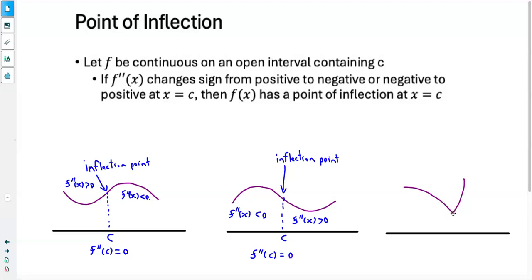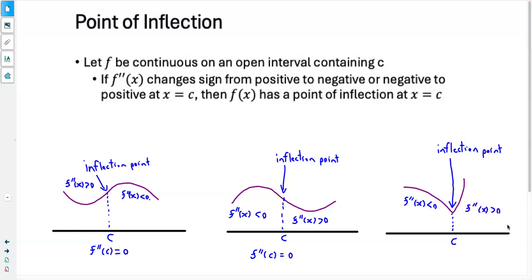Now this one also has an inflection point. To the left of it, we can see our slope is getting steeper and steeper in a negative direction. So we can say f double prime of x is less than 0. To the right, we can see it gets steeper and steeper in a positive direction.